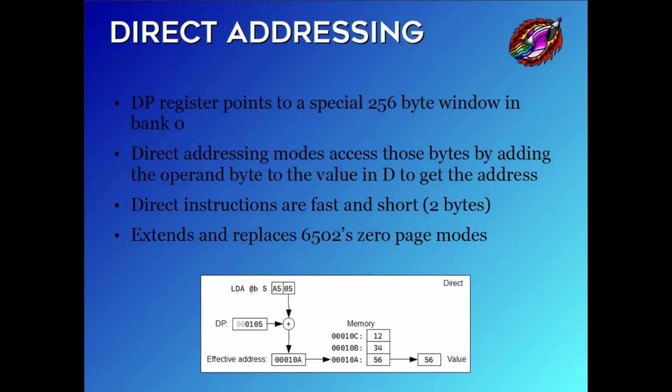I need to interrupt myself here and correct an error on the slide. I have as my assembler syntax here LDA @B of 5. Now, you wouldn't actually provide the offset of 5 here like this. Instead, what you would do is either provide a label after the @B for the address you're trying to access, or you might put in the actual address, so LDA @B of $10A, in this case. And then you would let the assembler calculate that offset.